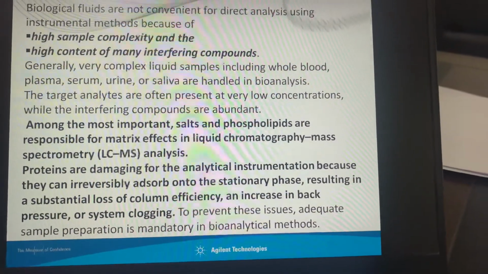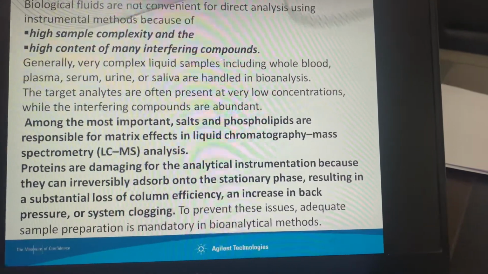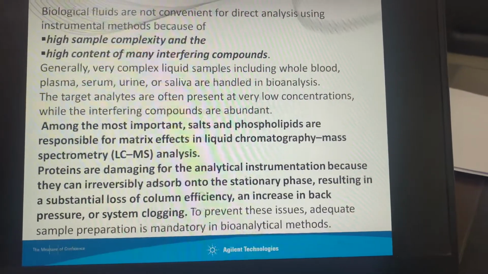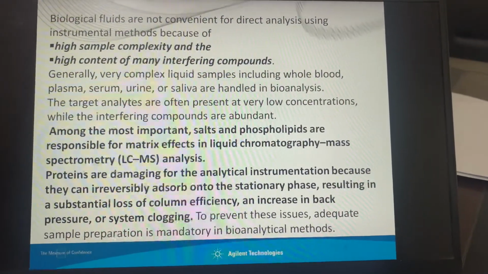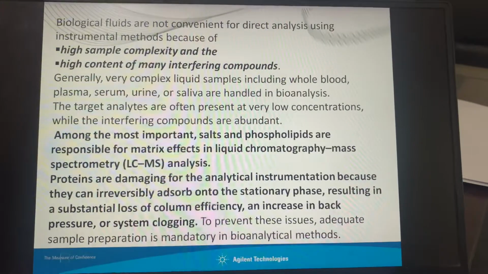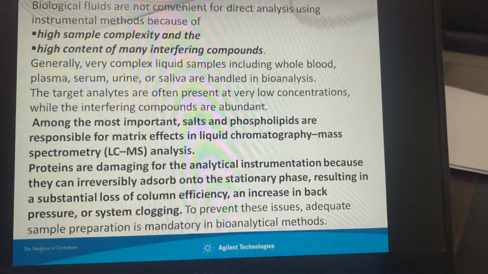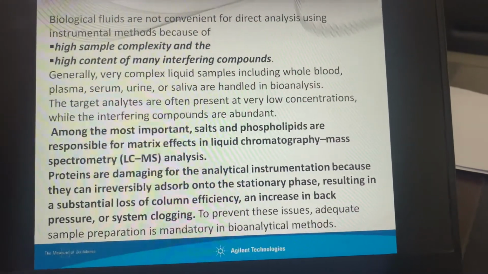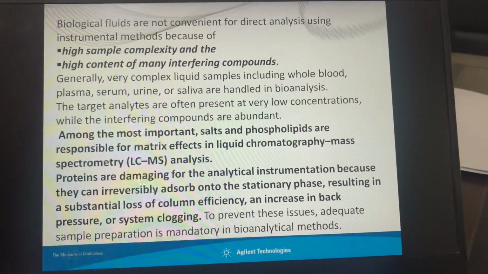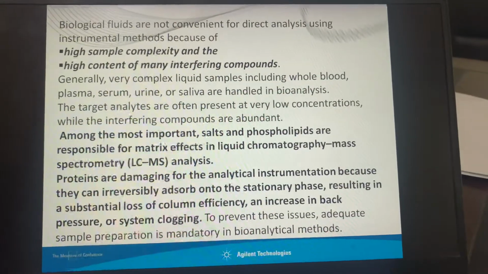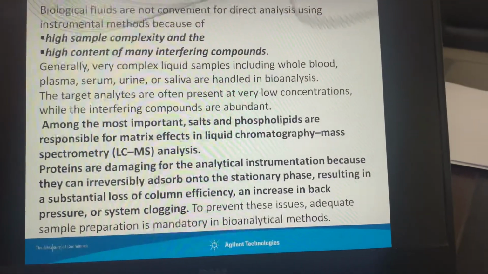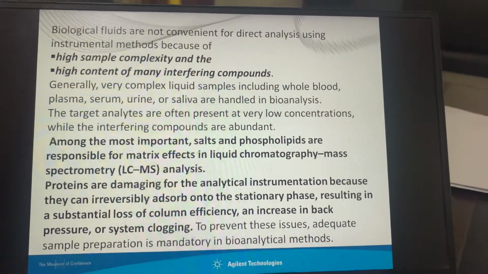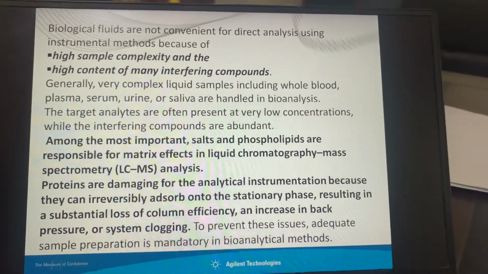The concentration of that protein which is causing cancer or tumor is actually very low as compared to abundant proteins which are necessary for other activities. So the interfering compounds are actually the abundant, healthy proteins, and the analyte, which is the tumor protein, has a very low concentration.